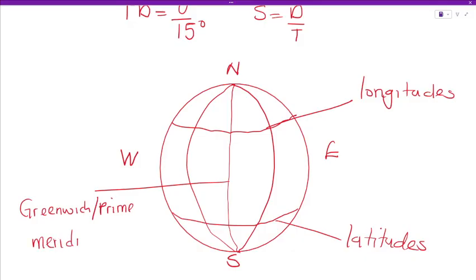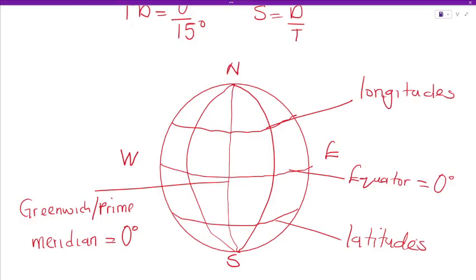This one is called a special longitudinal line because it is always at 0 degrees. And then there's also another special line, which in this case is a latitude. This one is called the equator. It only has one name, and it is always at 0 degrees.